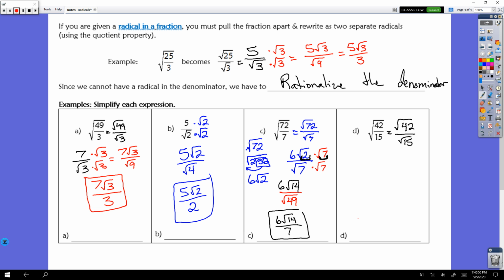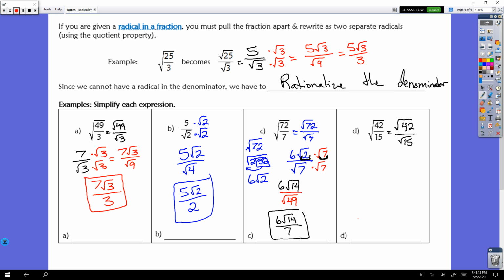Now, we have two numbers that are able to be broken apart. Okay, 15 is 3 times 5. 42 has a bunch of numbers involved with it. So let's break apart everything we can as much as possible and see if something will cancel out to make things a little bit smaller and easier on us.